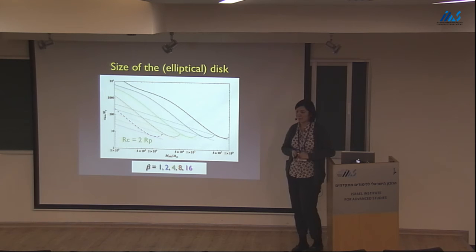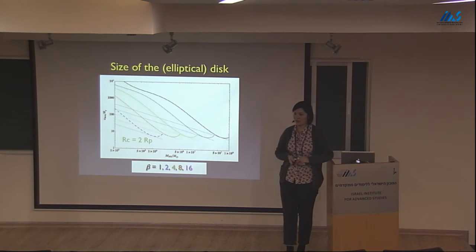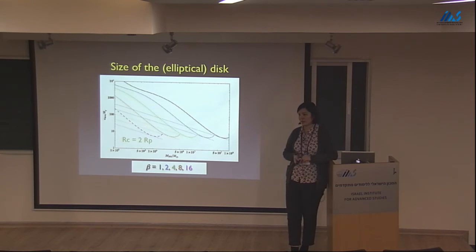Can you comment about the debate, specifically, so at the low mass you require beta to reach the soft X-ray? Yeah, that's a very good question. What is the rate of these high beta encounters? They are going to be low compared with low beta events or partial disruption events for sure.